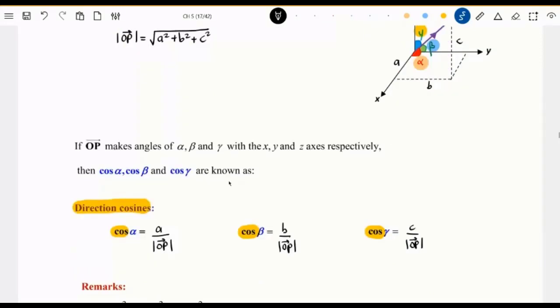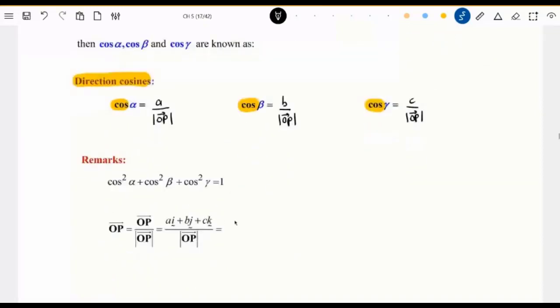Okay, and then this one adalah properties. Kalau kita tahu cos square alpha plus cos square beta plus cos square gamma adalah 1. So kena ingat yang ini, just in case you have to use the properties.